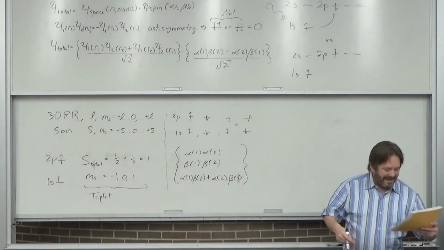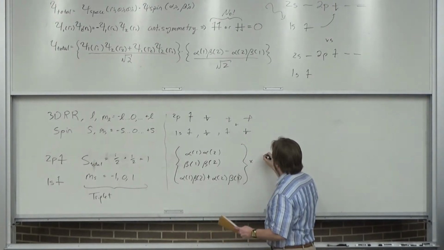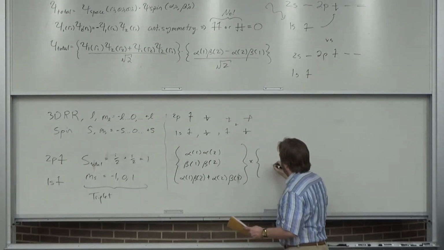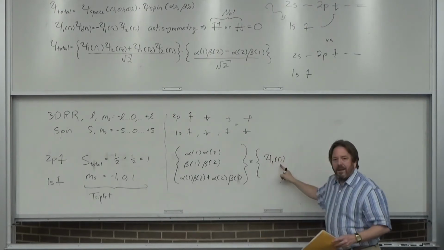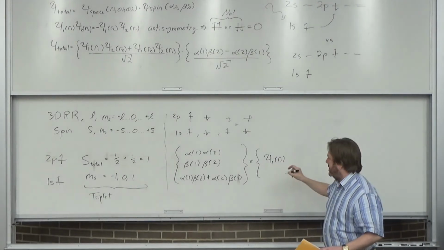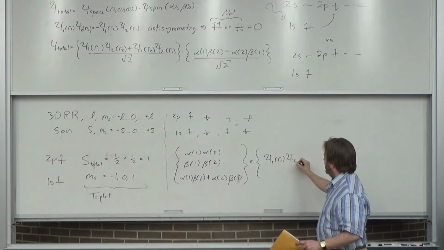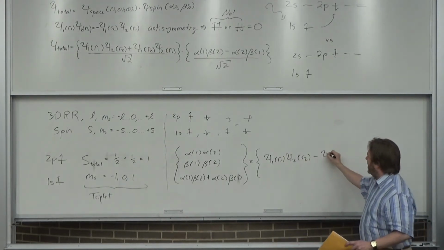So guess what? It's kind of a clever trick. What you do is you multiply these by psi 1 or 1. Now again, I'm just using shorthand. There's really a theta 1, phi 1 here. I don't want to have to write all that out. Okay, here's where the antisymmetry is. You put it in the space part.